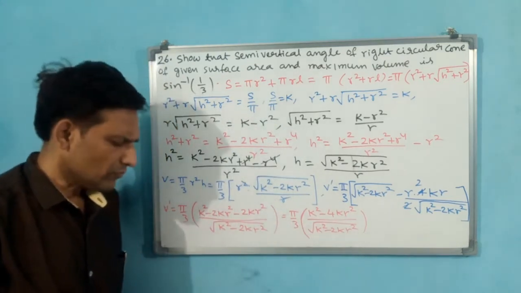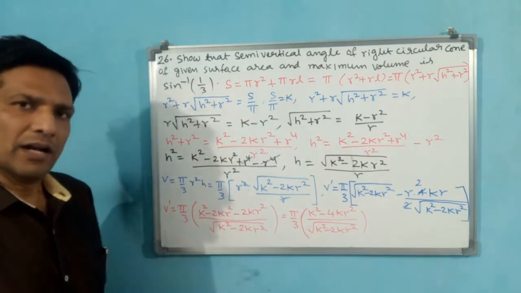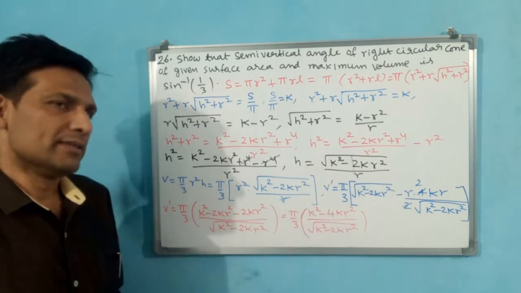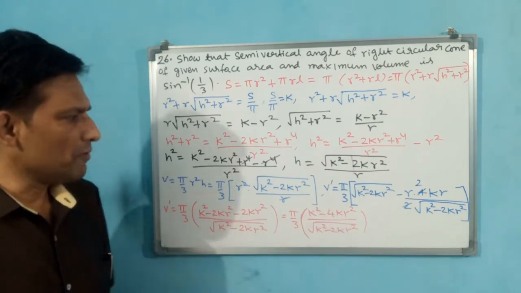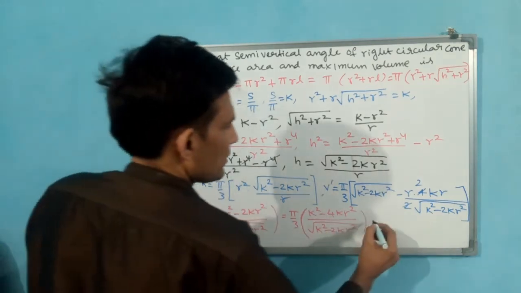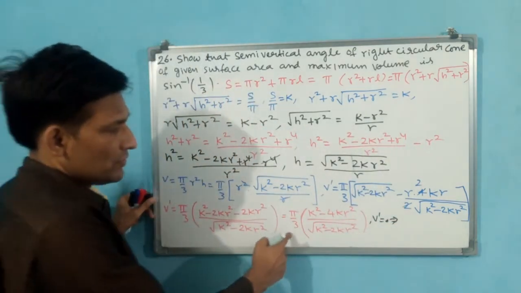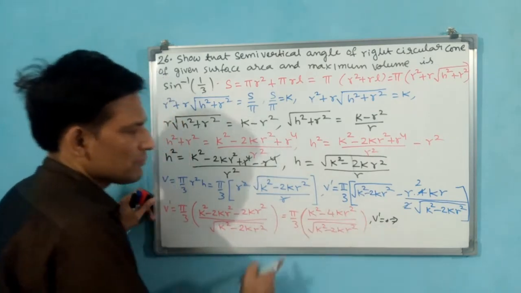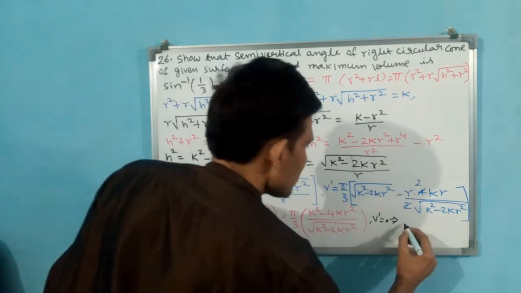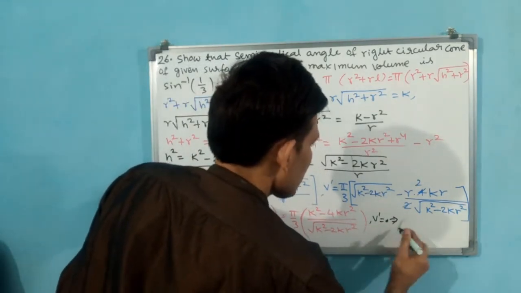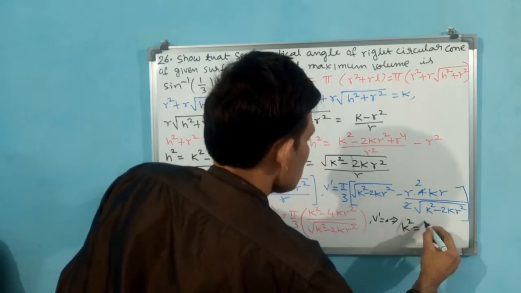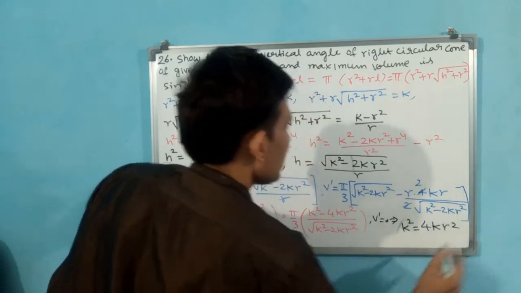Now we cannot do much. Now V dash is equal to 0 we will make. V dash is equal to 0 implies 3 is going to become 0, pi is going to become 0, but k square minus 4k r square is equal to 0, so k square is equal to 4k r square.